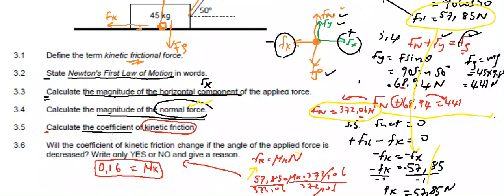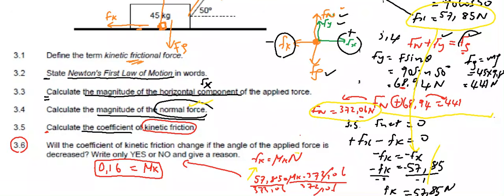Okay, then let's go straight to this question now. Will the coefficient of kinetic friction change if the angle of the applied force is decreased? Now let's say the angle is decreased. What will happen to the coefficient of kinetic friction?